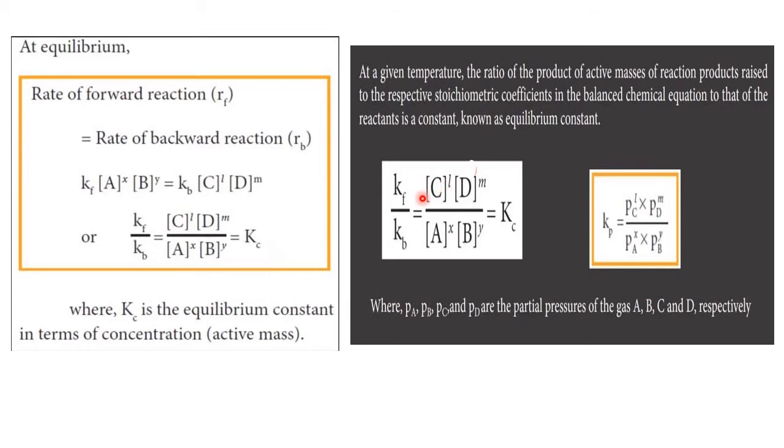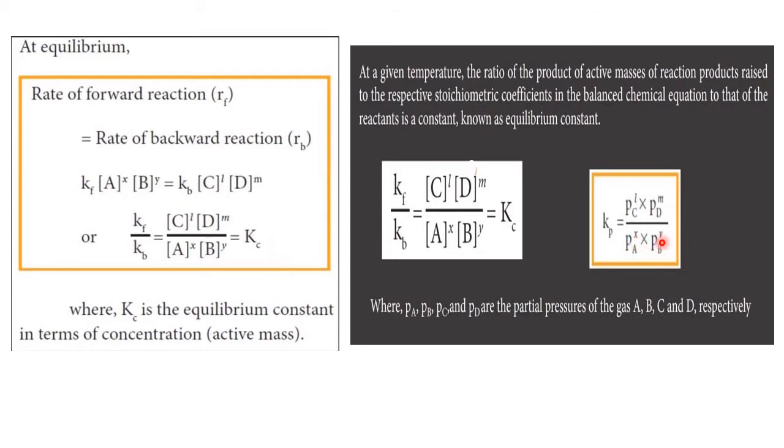Instead of the bracketed concentration, it can be replaced by P, the partial pressure. So partial pressure of C power L into partial pressure of D power M divided by partial pressure of A power X into partial pressure of B power Y.